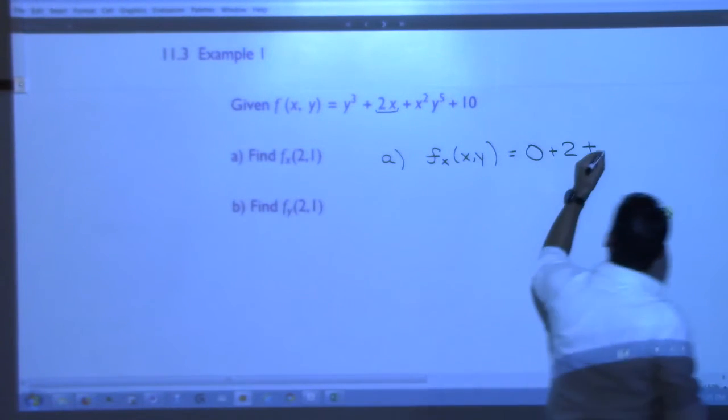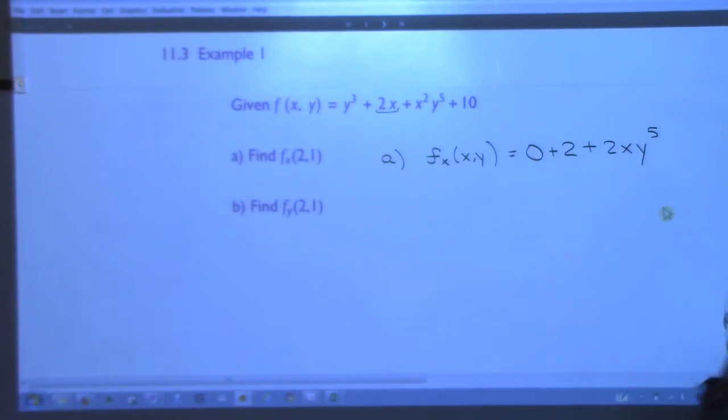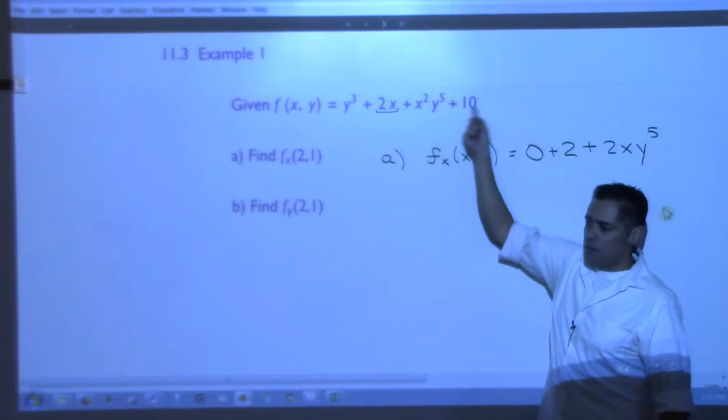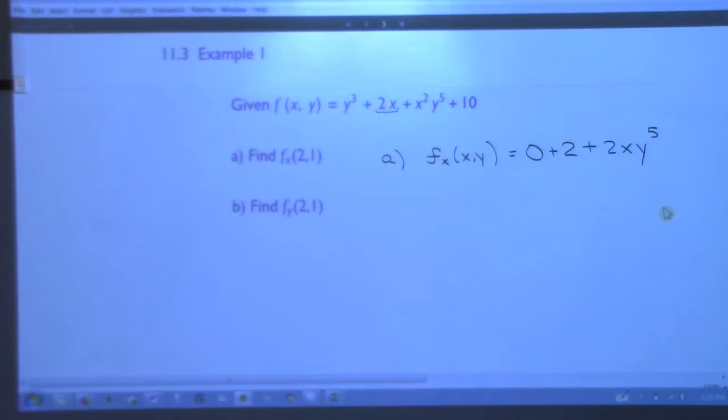And then I'm going to slap the y to the 5th next to it. Do y'all see that? It's not like implicit differentiation. You're imagining that one of your variables is a constant. And I'm done here, right? Move on. Derivative of 10? 0. And that is it. Does that seem pretty straightforward so far for the first example?